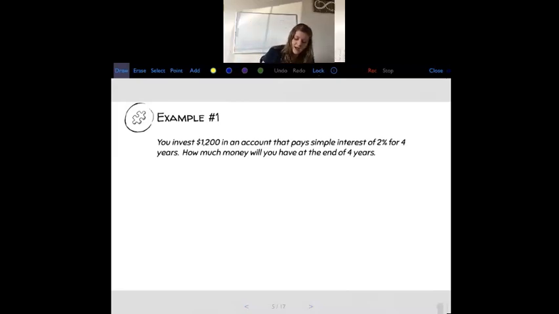So this 2% is our APR, and as a decimal, it's 0.02. 1,200 is our principal, the original amount that's invested. At the end of year 1, this account is going to accrue 2% interest on that 1,200. So let's calculate what that interest would be, and it's going to accrue $24.